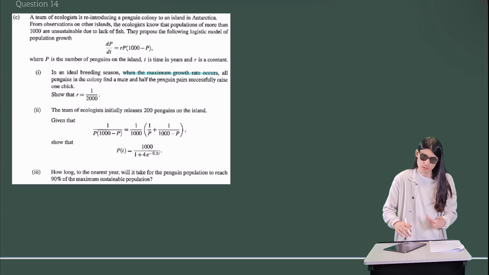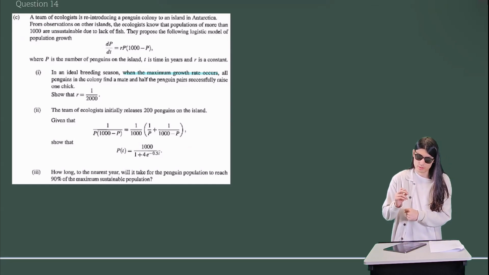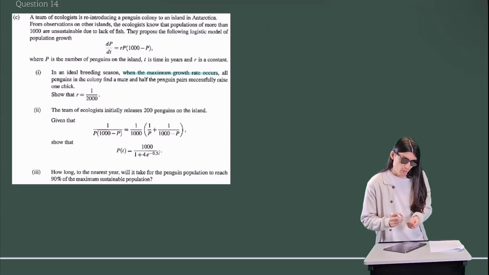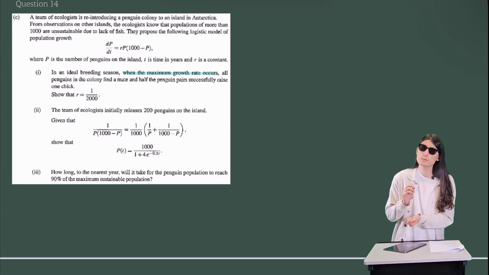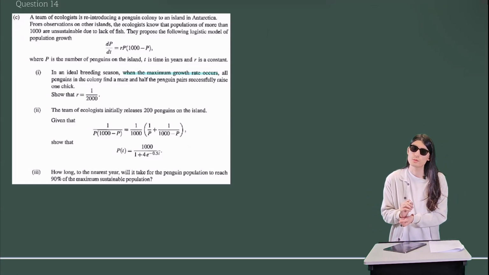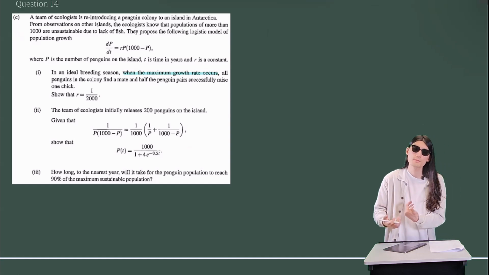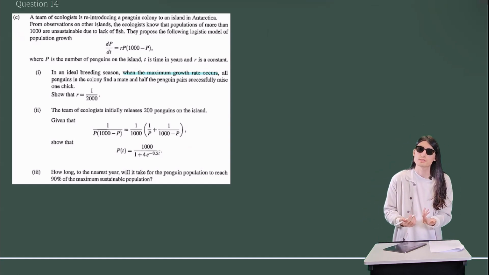And the characteristic that I want to talk about, guys, is the time or the population at which maximum growth rate occurs for populations that are modeled by logistic equations.